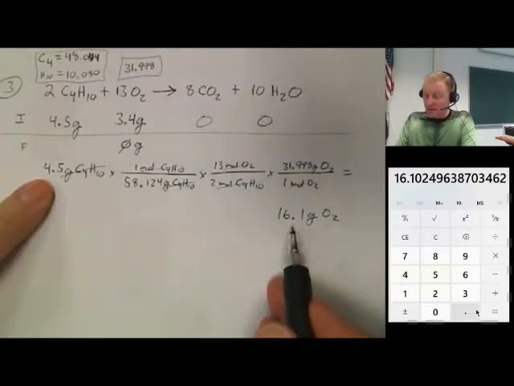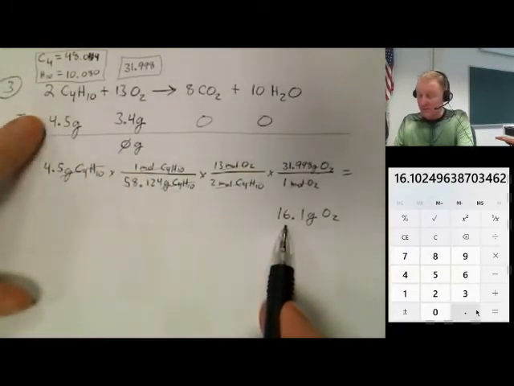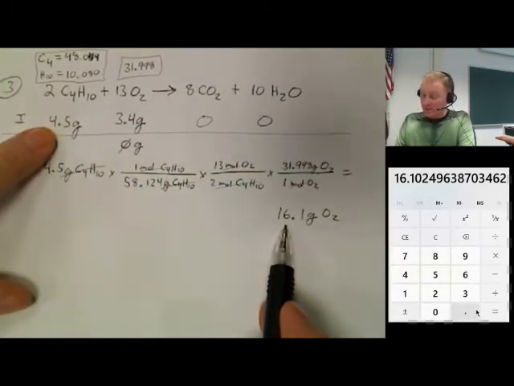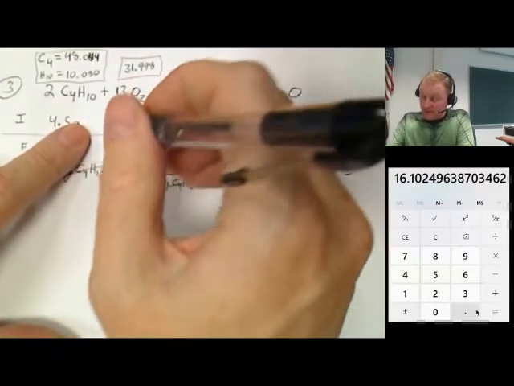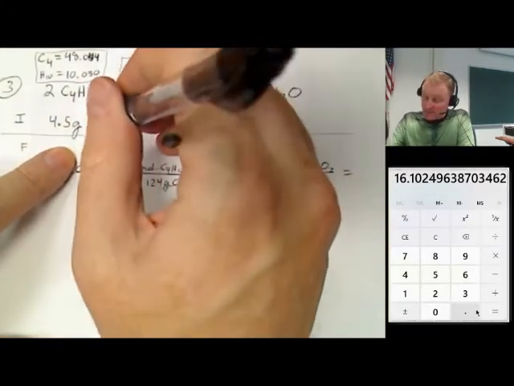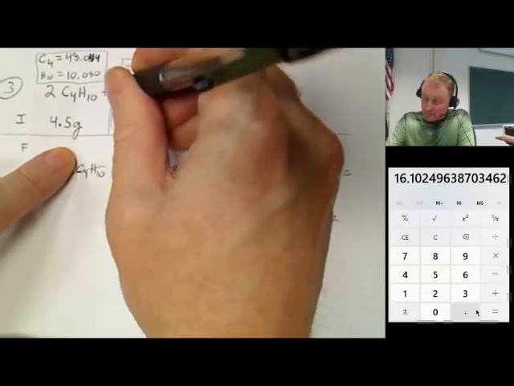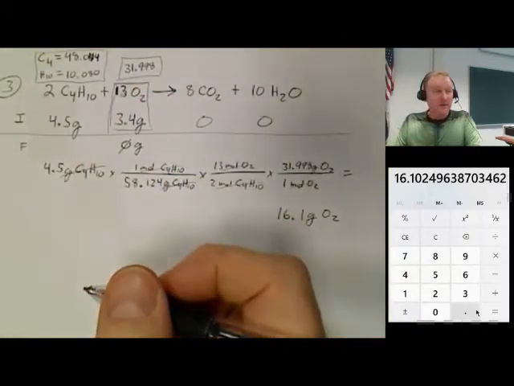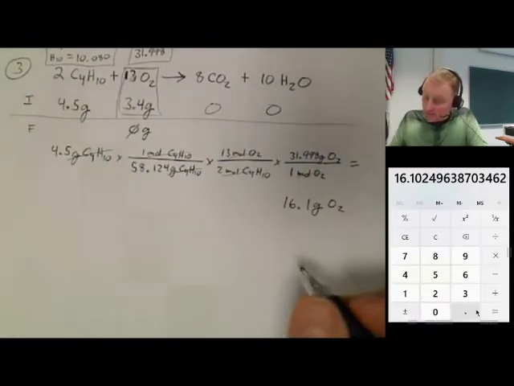The oxygen's going to run out first because I need 16 grams of oxygen to burn 4.5 grams of butane, and I don't have that much. I only have 3. So this is my limiting reactant. And this is a very important first step, guys, because this means that the 3.4 grams of oxygen determined this whole situation here.